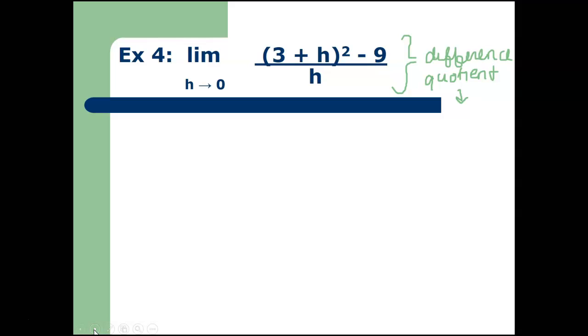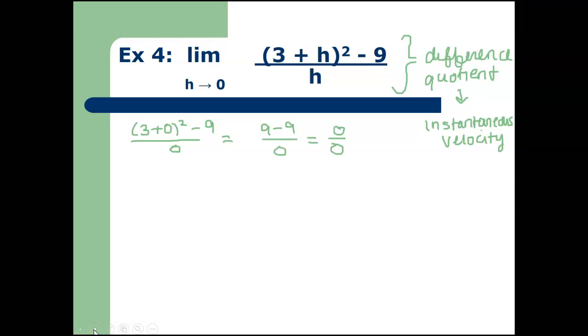This is a way of finding instantaneous velocity. So again, this is called the difference quotient. It's a way of finding instantaneous velocity. If you plug in 0 to start, we get the indeterminate form, or 0 over 0.